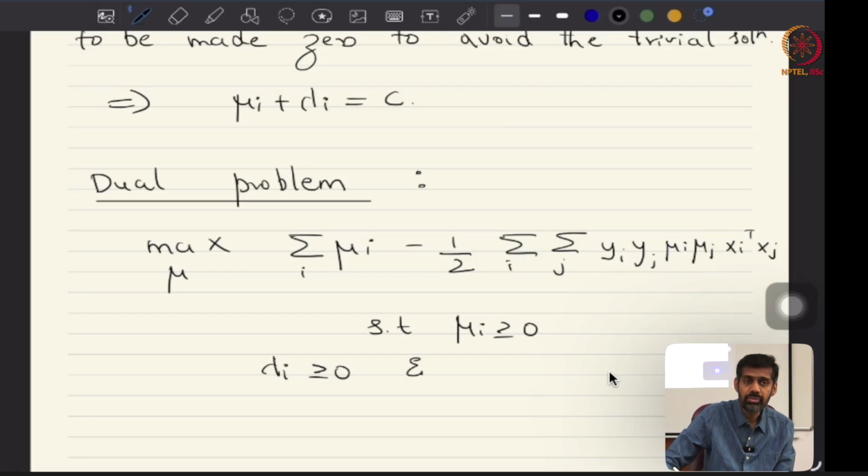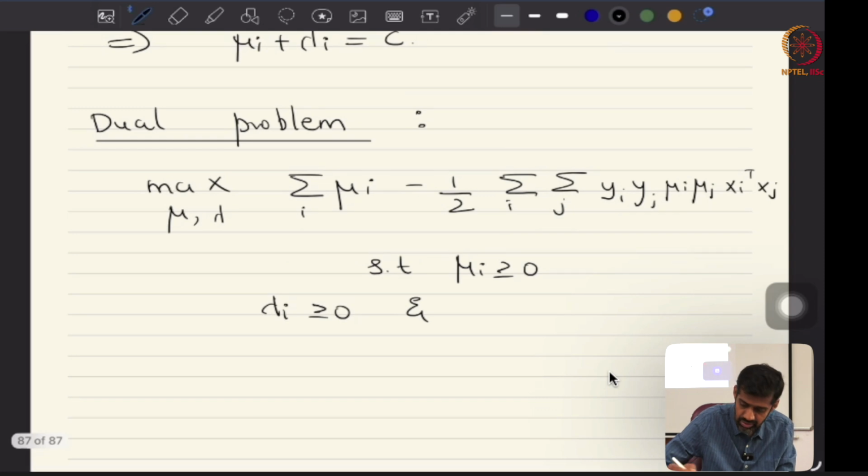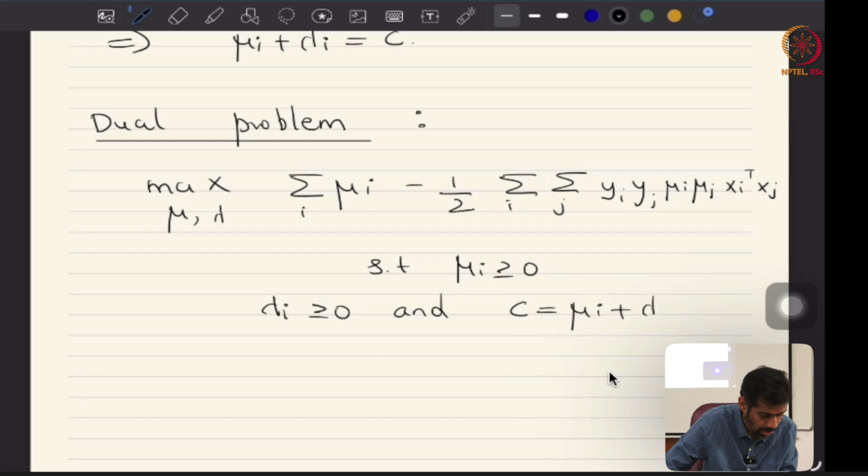So this dual problem had to be a maximization over lambda as well, but the objective function itself becomes independent of lambda, so it comes up in the constraint, you can just ignore that. And we have that C is equal to mu_i plus lambda_i, correct.